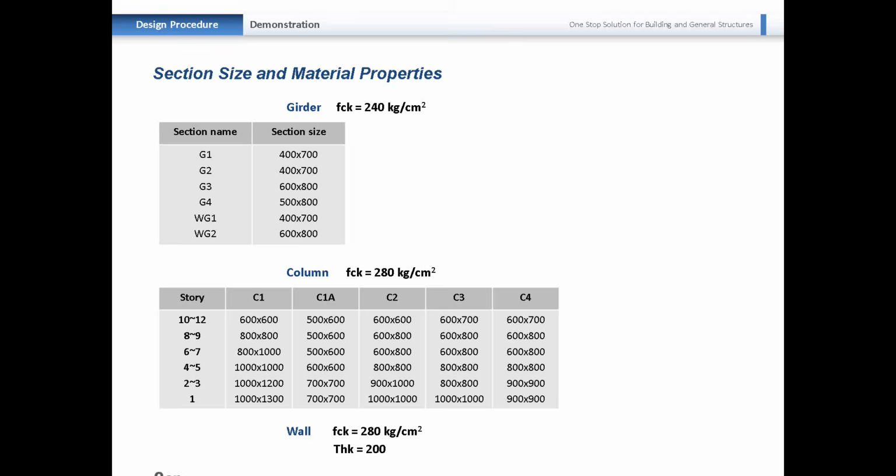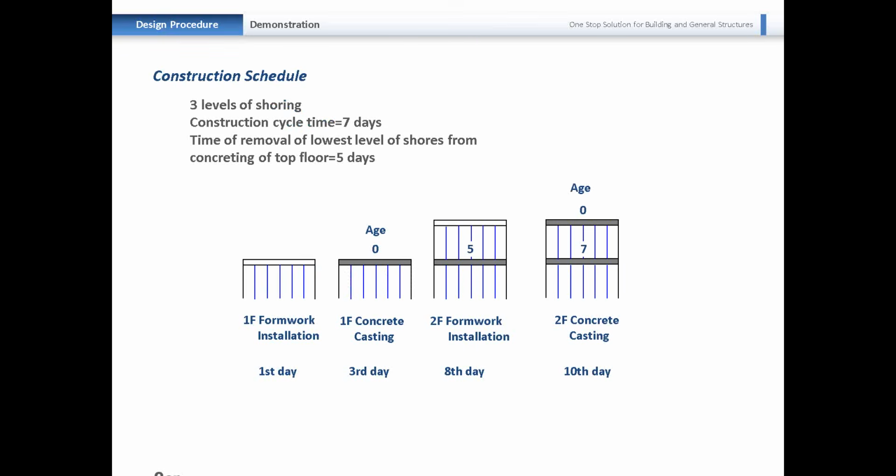Let me discuss with you a little bit about the construction schedule that I will be showing you in this model. So we have 3 levels of shoring, and the construction cycle time here will be 7 days. For the first day, we have just the formwork installation. On the third day, we have the concrete casting, that is, the concrete is poured into the formwork.